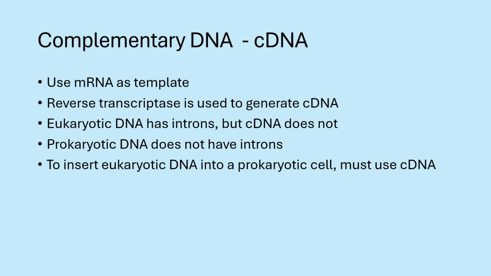And how is the cDNA different from the original DNA? Remember that the eukaryotic DNA has those introns, those little sections of extra DNA that it has to cut out. It goes through transcription, but at the end it has those modifications where it has to cut those out, and then it splices together the exons.